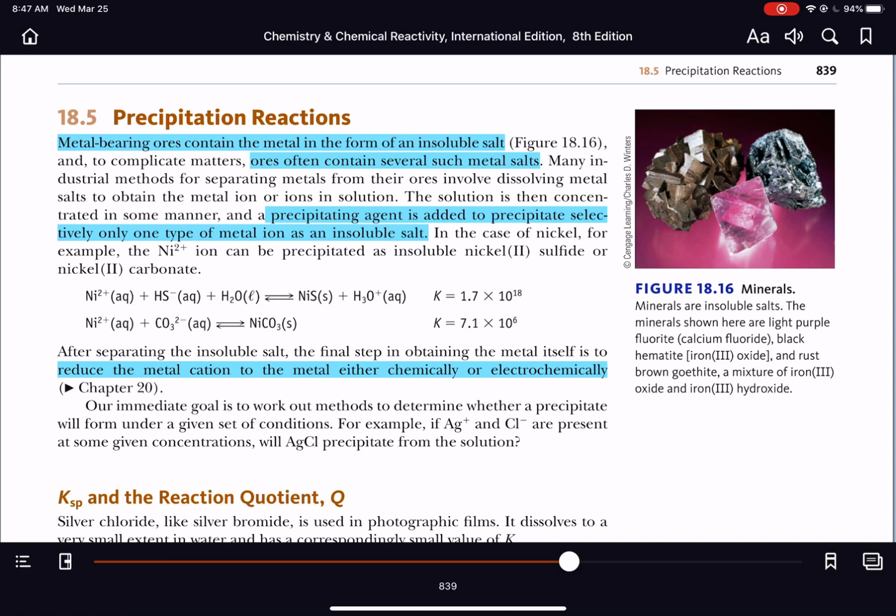For example, if you look at these two equations, if we have a nickel-bearing ore, nickel(II) ions, and we add a compound, for example, that contains hydrogen sulfide in it, we can precipitate the nickel out as nickel sulfide. And in this process, we might be able then to separate nickel sulfide from nickel carbonate if we happen to have a mixture of these two nickel ores in the same chunk of rock.